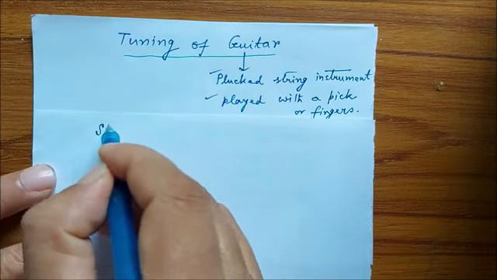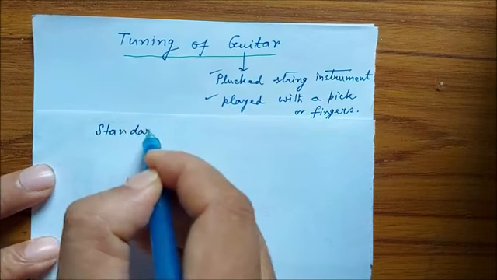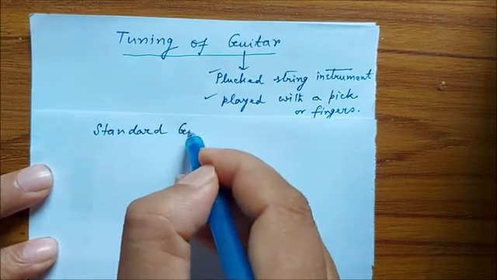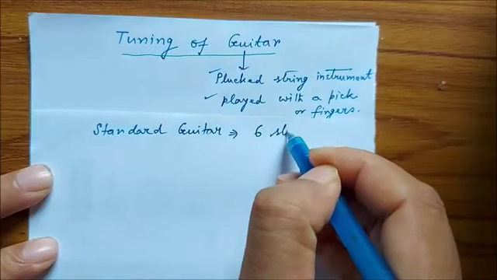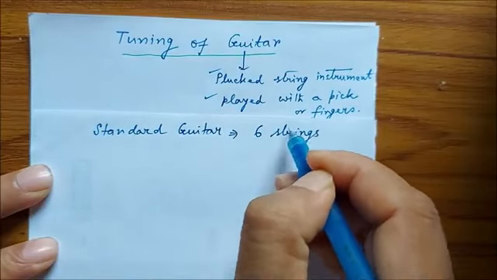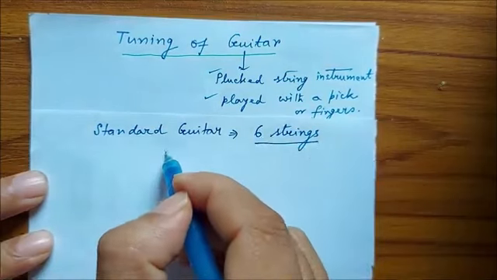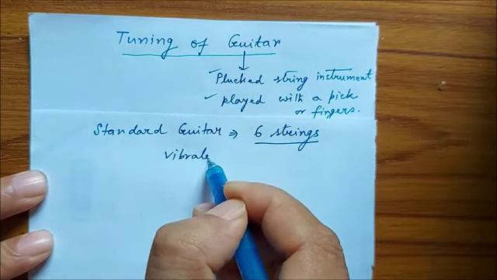A standard guitar has 6 strings. And they vibrate to generate sound.